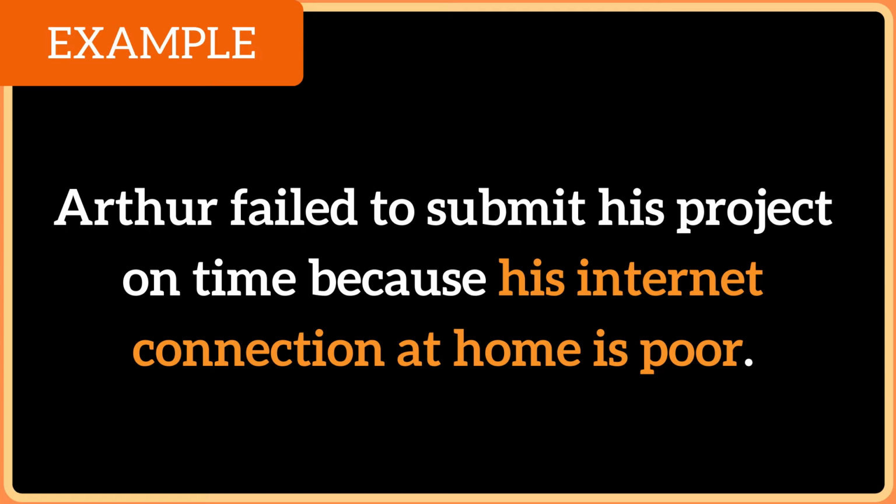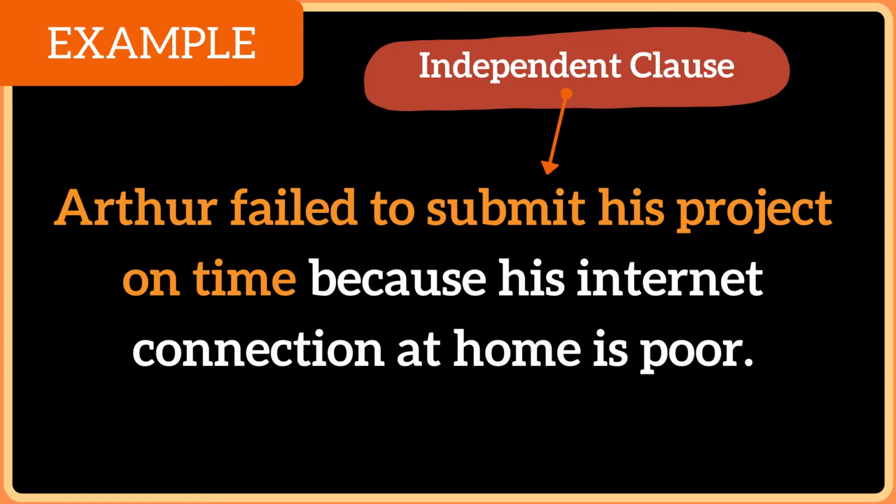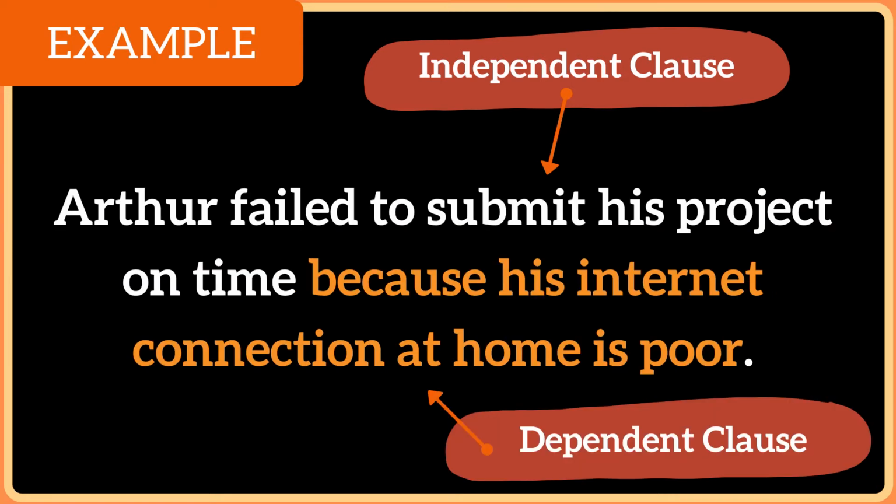But what makes the second independent clause dependent is that it is headed by the subordinating conjunction because. So, Arthur failed to submit his project on time is the independent clause, while because his internet connection at home is poor is the dependent clause. Therefore, this sentence is complex.